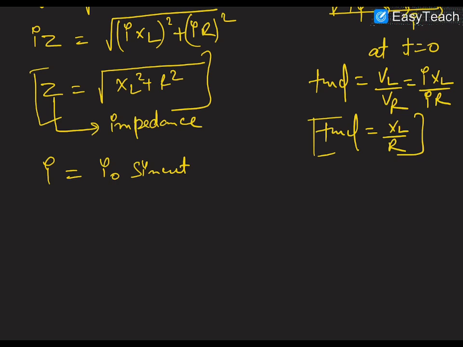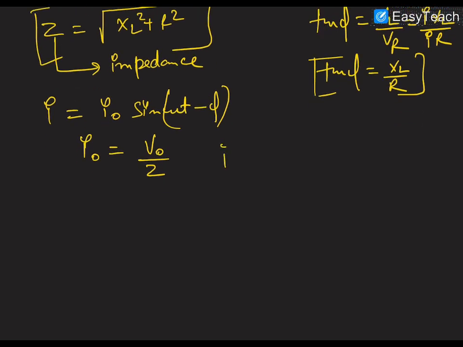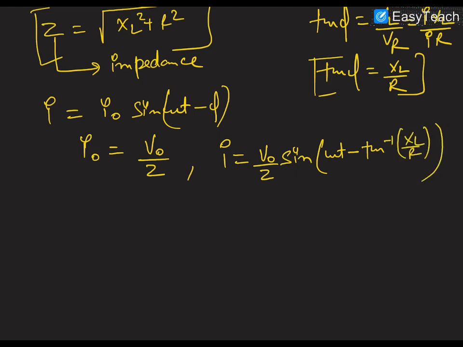And I naught can be written as V naught by Z. So I will be equal to V naught by Z times sine of omega t minus tan inverse XL by R. This is the equation of current as a function of time.